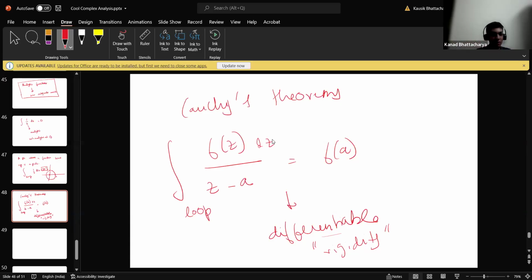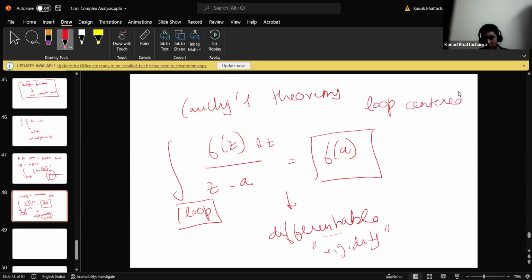If you take the average of a differentiable or analytic function around a specific loop, then you actually get the value of the function at the center of the loop basically. When I say loop here, I mean a loop centered at a.